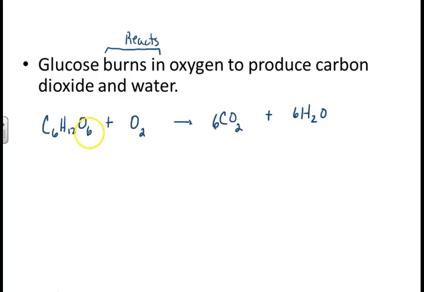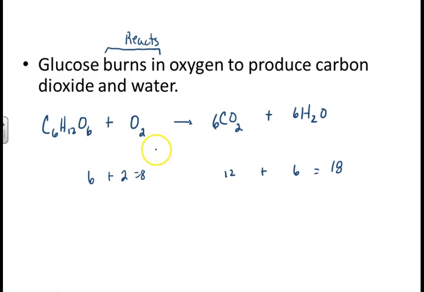Then I can check oxygen. On this side I've got 6 plus 2, that's 8 oxygens. Over here I've got 12 plus 6 is 18 oxygens. So what can I do?